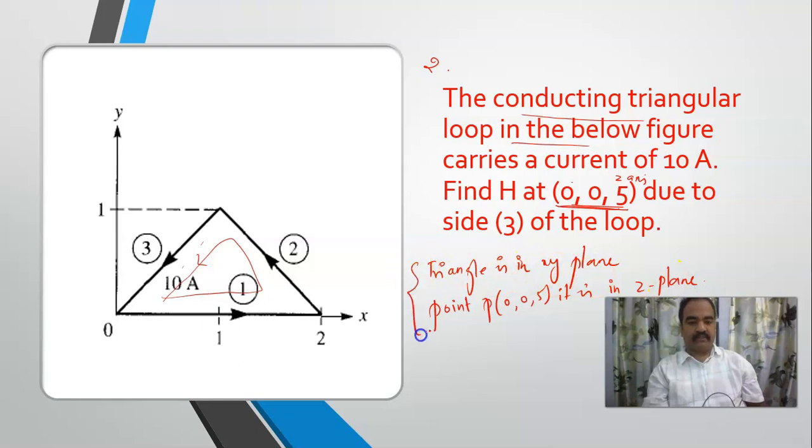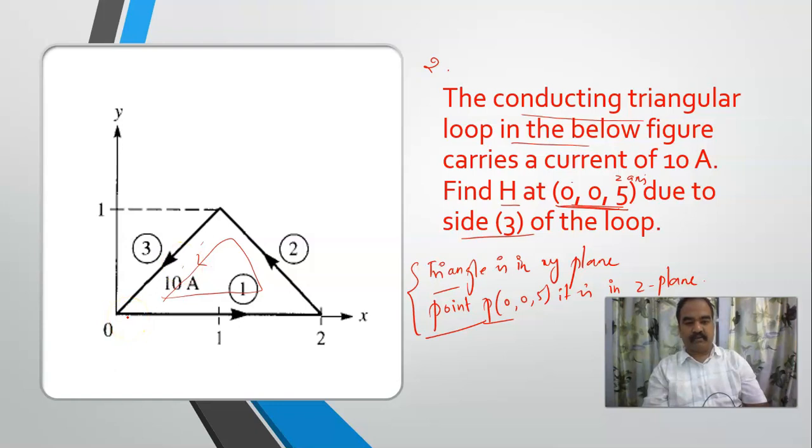So we will try to determine the magnetic field intensity at this particular point due to this triangle. But in this particular problem, we have been asked to determine the field intensity due to side number 3 only. So I am considering only side number 3.